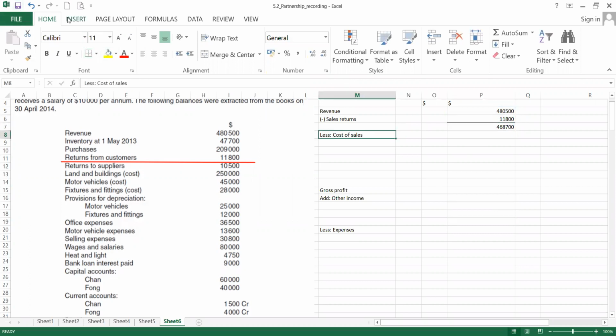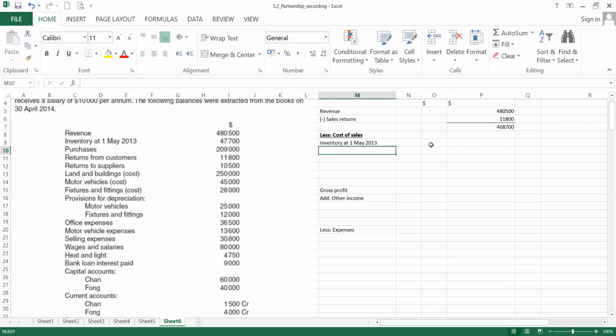Now next is that we need to prepare the cost of sales. Cost of sales, what is the information? Opening inventory at 1st May 2013. Where do we get it? Here.